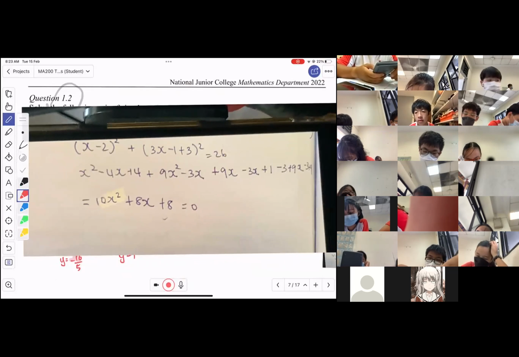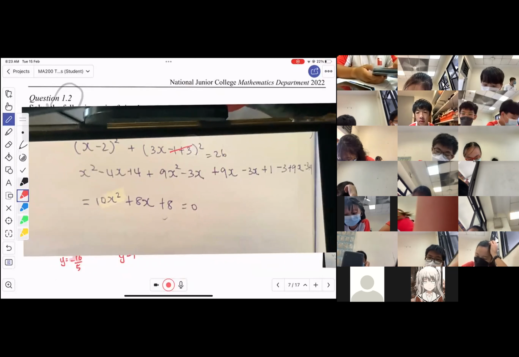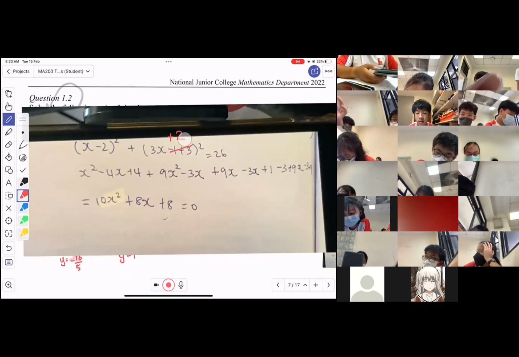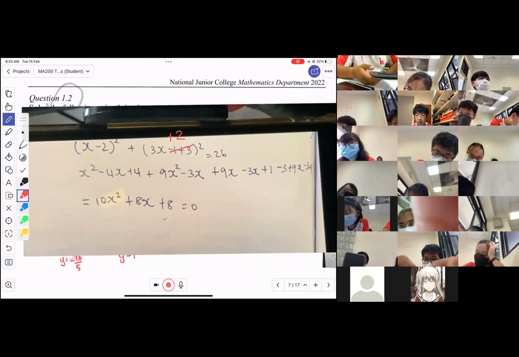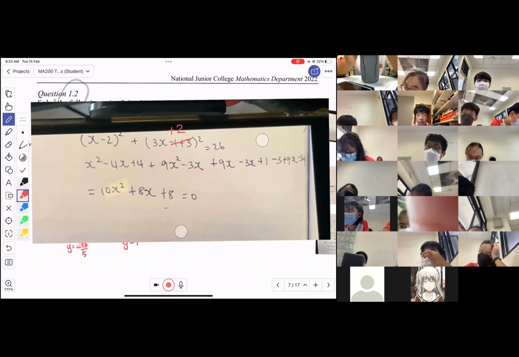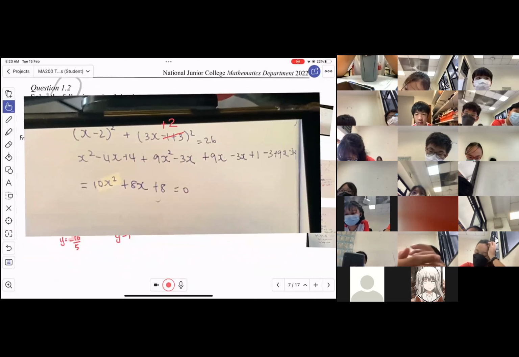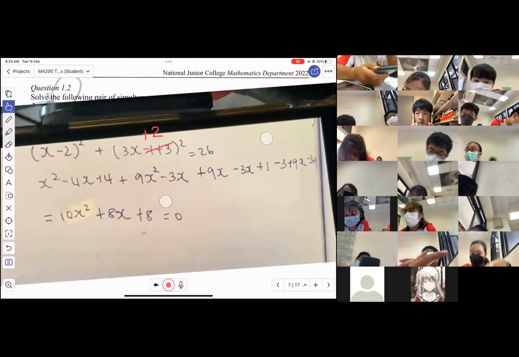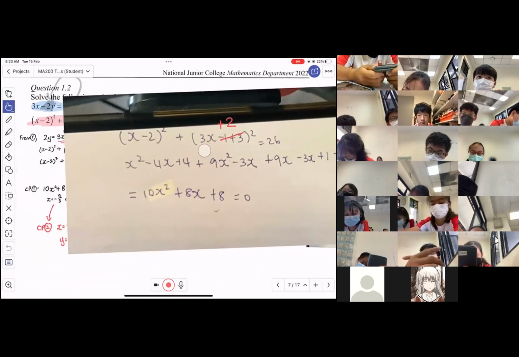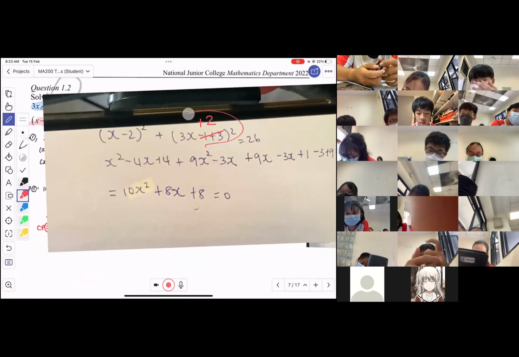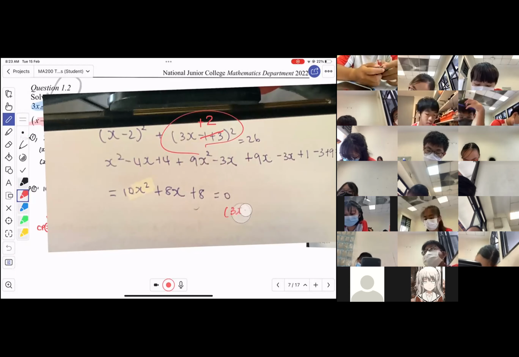So can I suggest that you do this first? Change minus 1 plus 3 to plus 2. That is easier. So we always simplify before we expand. So this part is going to give you 3x plus 2 squared.